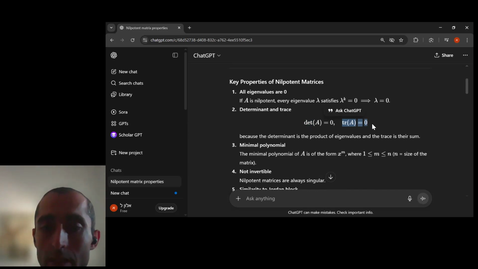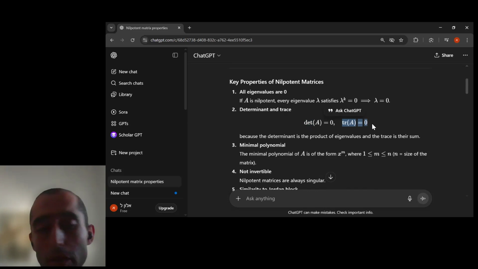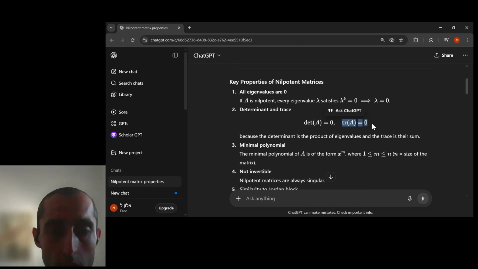The sum of the eigenvalues of a matrix equals its trace. So the trace of a nilpotent matrix is 0 plus 0 plus 0, etc., depending on the nilpotent index of the matrix. So the trace of a nilpotent matrix will be 0.